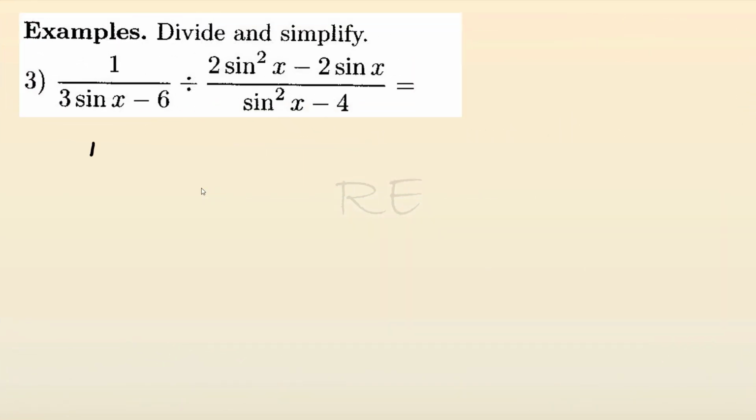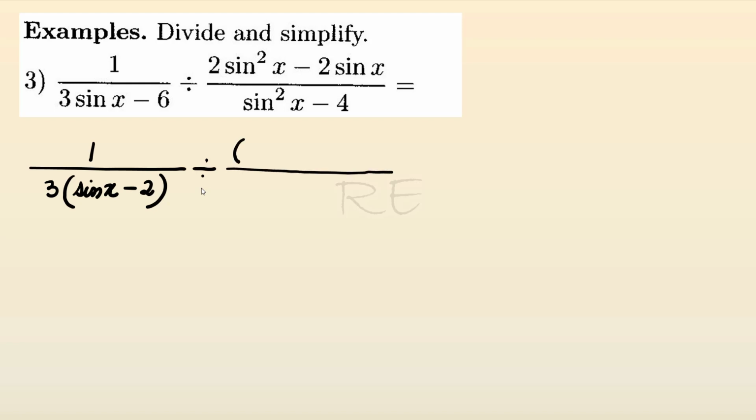1 over 3 sine x minus 6, which is 1 over 3 times sine x minus 2, is divided by, the greatest common factor here is 2 sine x.